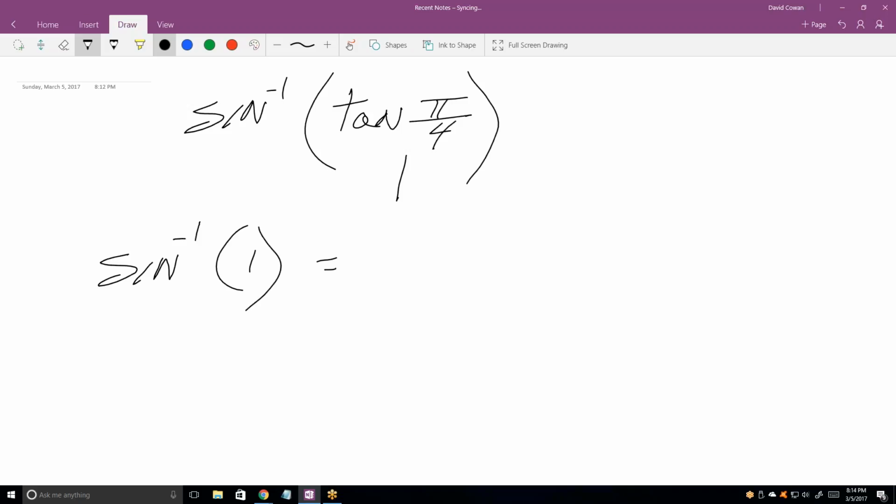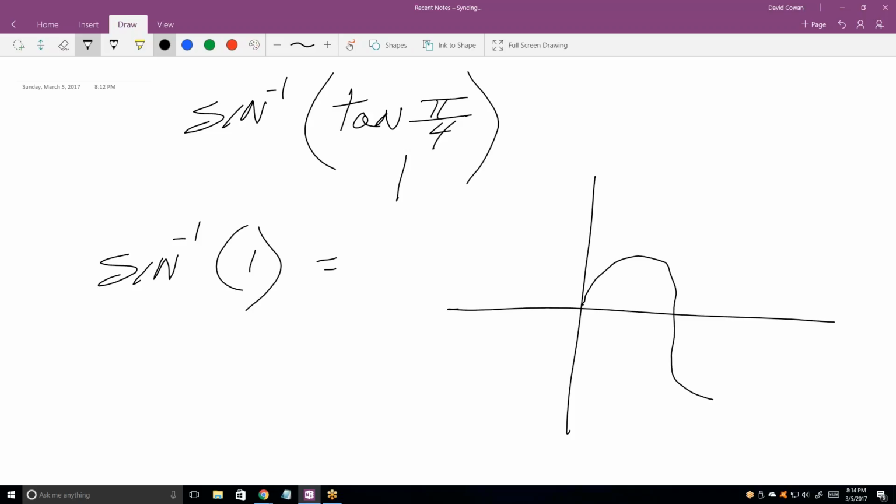This is one where you can't really use those 2 triangles, but you can use the graph of sine. Well, where does this occur? Right there. Pi over 2. Yeah, that's the answer.